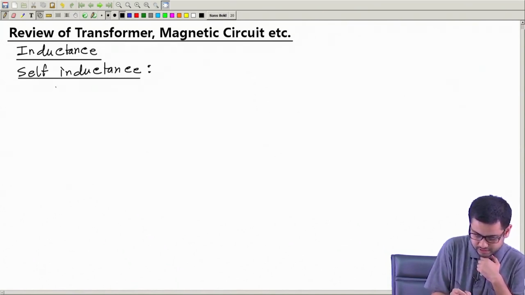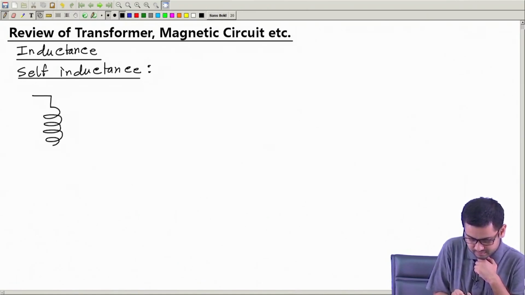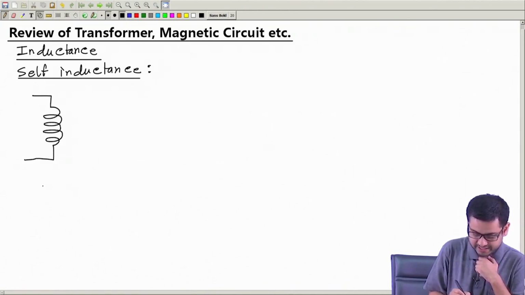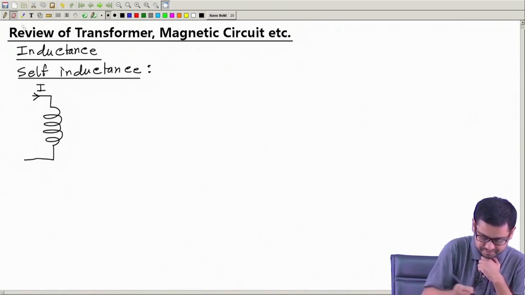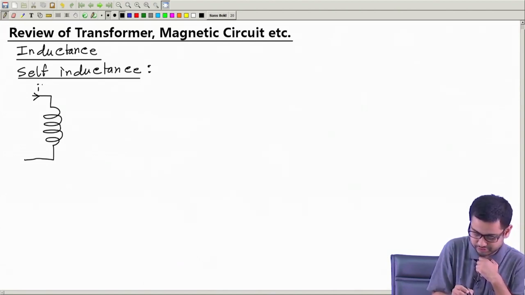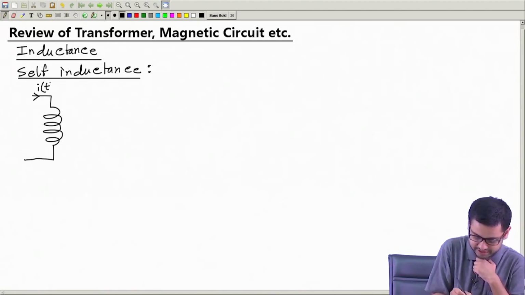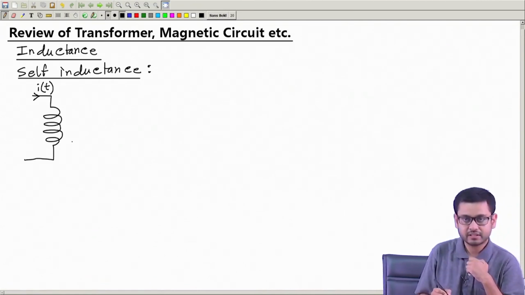What do we understand by this word self inductance? If we have a coil which is carrying some current, say i(t), let me use lowercase letters in this class to denote time varying quantities. i(t) is a time varying current.